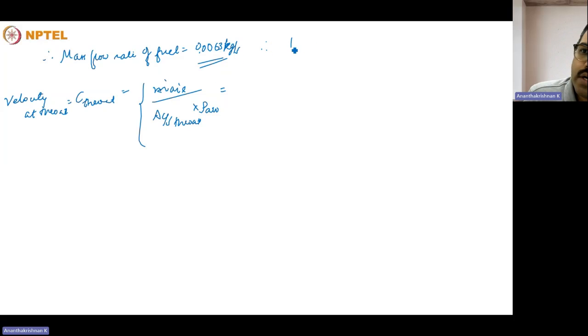Therefore, mass flow rate of air will be equal to 0.00639 multiplied by 14.23, the air fuel ratio.